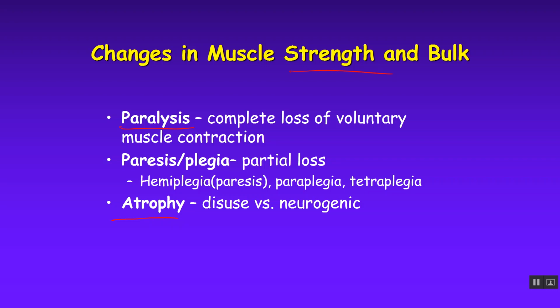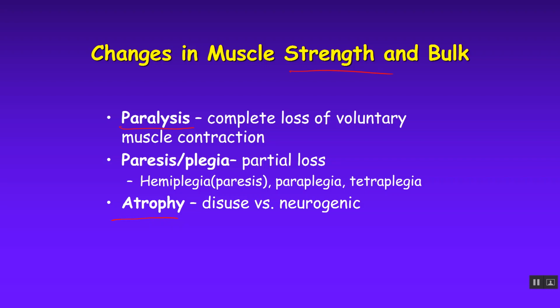But over the course of several days to weeks, you start to transition more into just disuse, because you've got the lack of normal impulses keeping the muscle plumped up to what it normally should be at resting state. But then you're not getting out of bed or moving, so you have the disuse atrophy. So just be aware that you can have both.